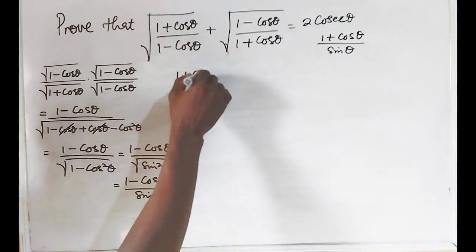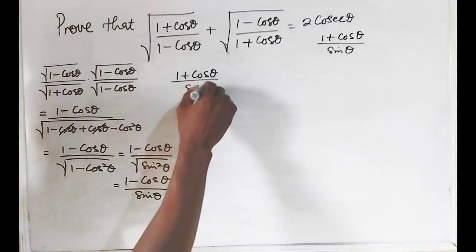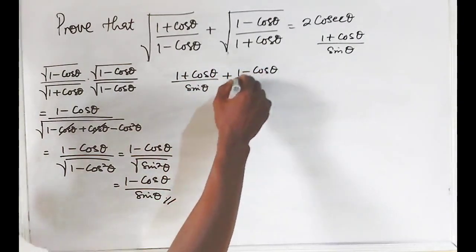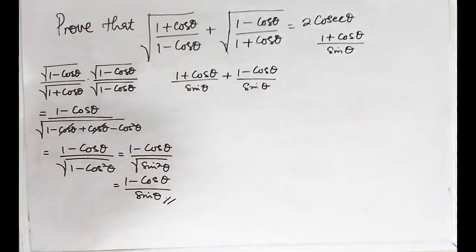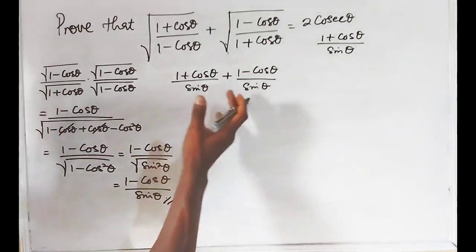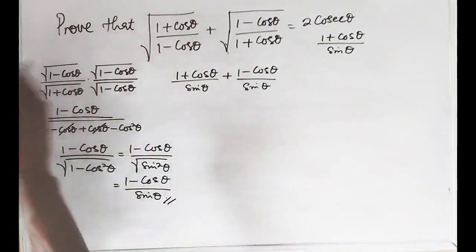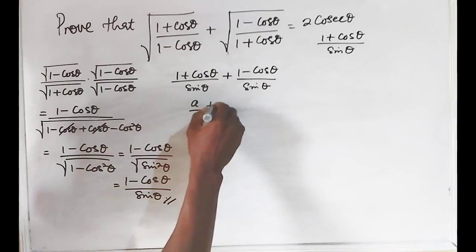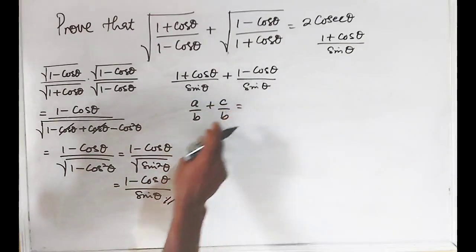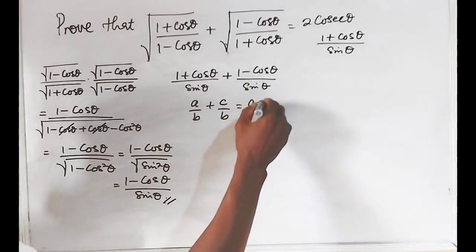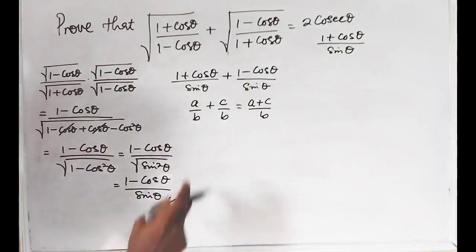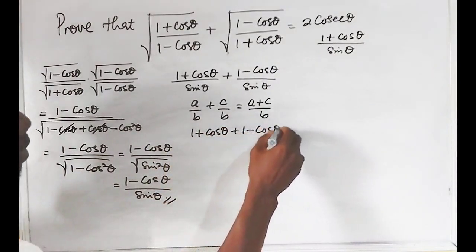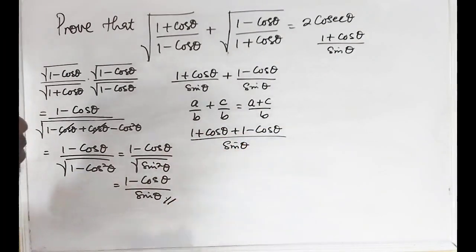Here you have 1 plus cos theta over sine theta, plus 1 minus cos theta over sine theta. Let us now add them together. Take note that according to algebraic fractions, a over b plus c over b, since they have the same denominator, gives a plus c over b. Following that rule, you have 1 plus cos theta plus 1 minus cos theta, all over sine theta.